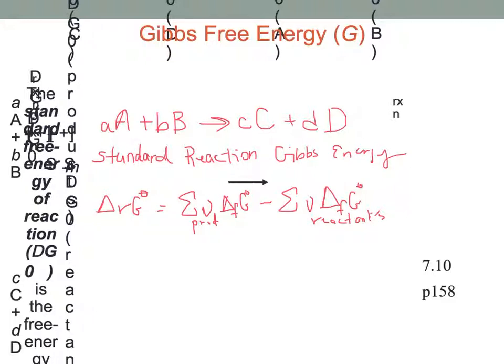Okay, so I really hate writing on the iPad. It's not good. I'm sorry, but okay. So the standard reaction Gibbs energy is equal to the sum of the Gibbs energy of formation times the stoichiometric coefficient for the products, minus the sum of the Gibbs energy of formation for the reactants times the stoichiometric coefficient.